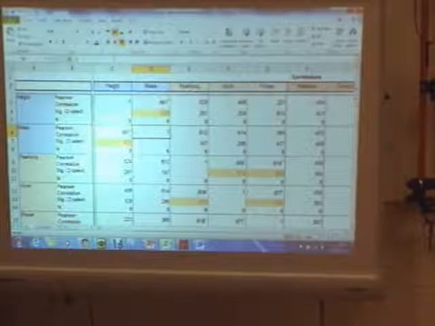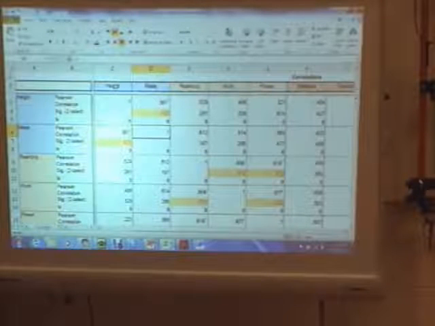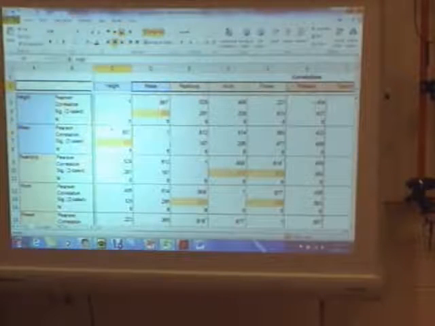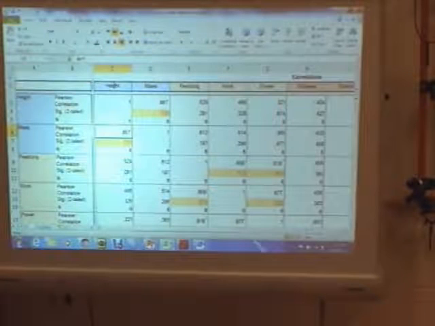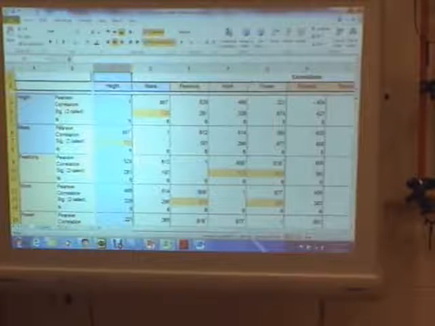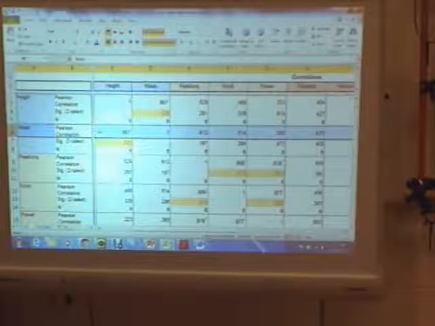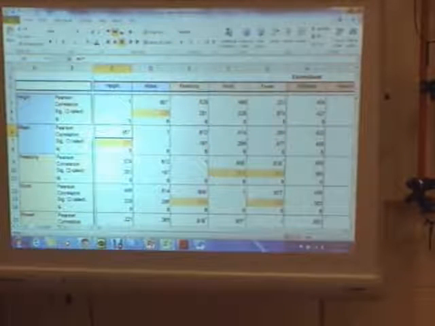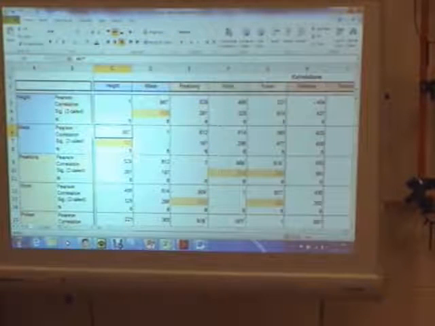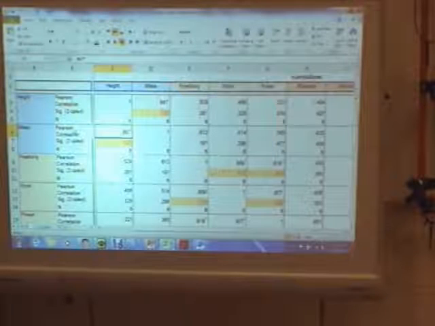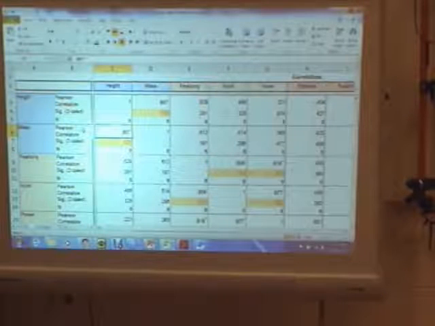To interpret more fully how the height and the mass correlate, you go down your column and then across your row. Here you get an R, this Pearson correlation, that's the R value I was speaking of earlier, and it'll be reported as R everywhere. This tells you how much variance is explained.